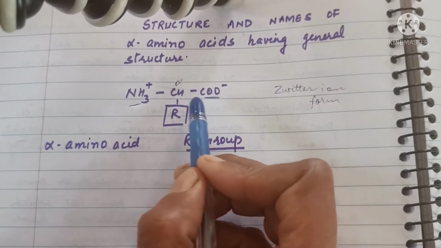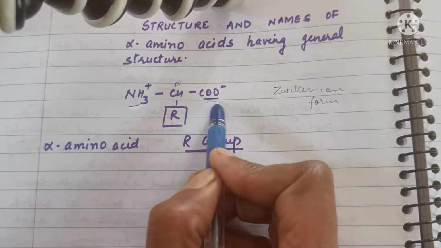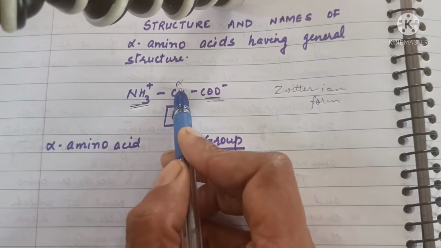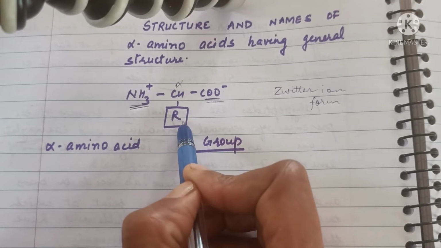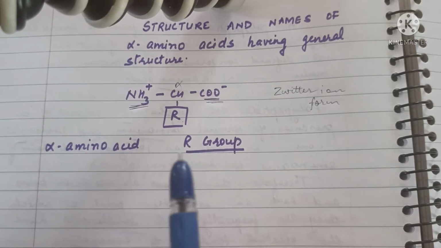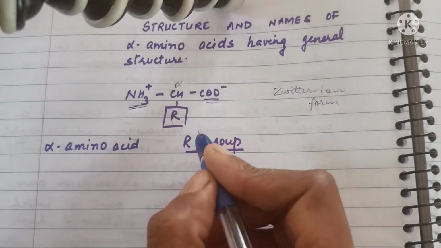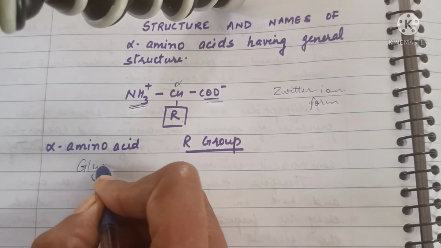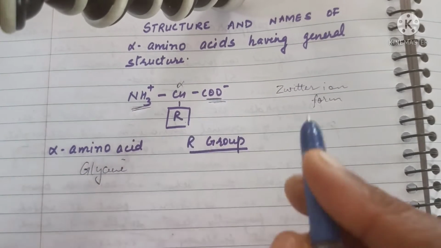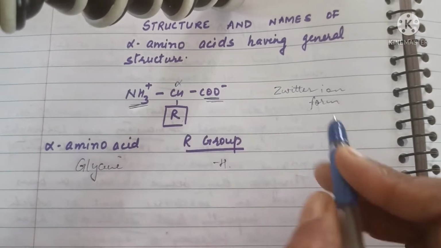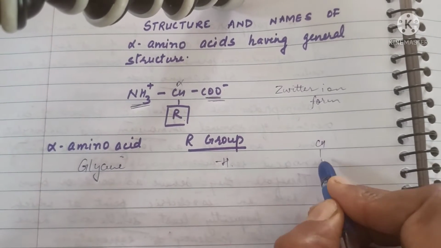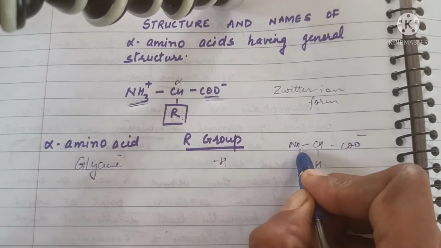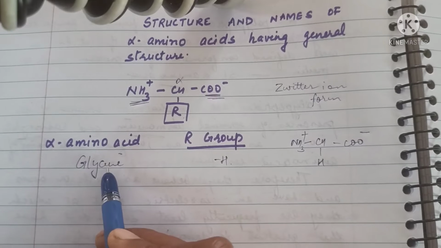The things that will be common in the structure are a carboxylic group, an amine group, and hydrogen, and the alkyl group will vary from one amino acid to another. So let's write down the first amino acid, glycine. In case of glycine, the R is H. So the structure will become CH, COO negative and NH3 positive, and it's known as glycine.